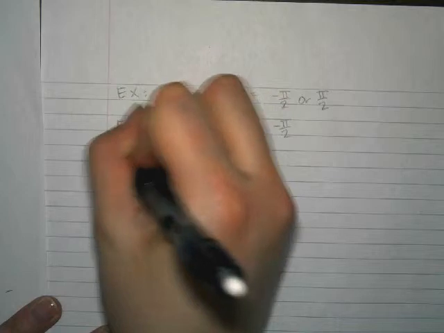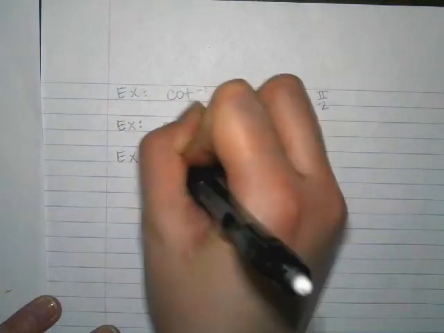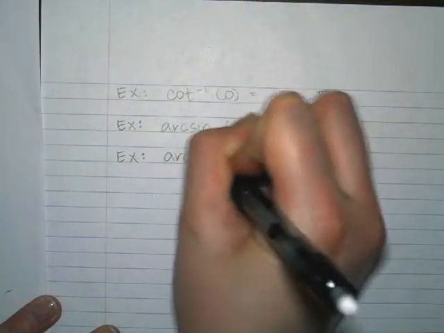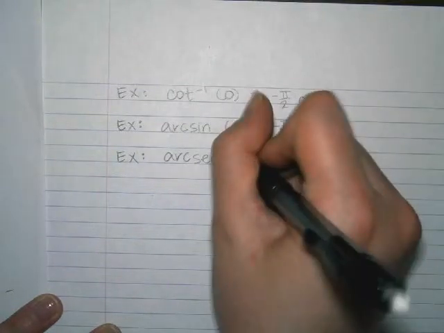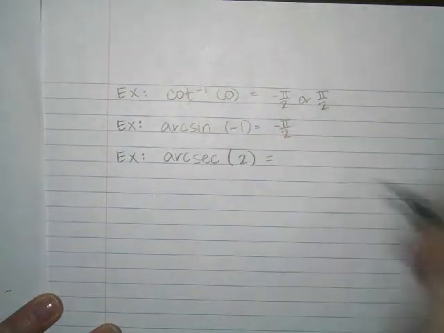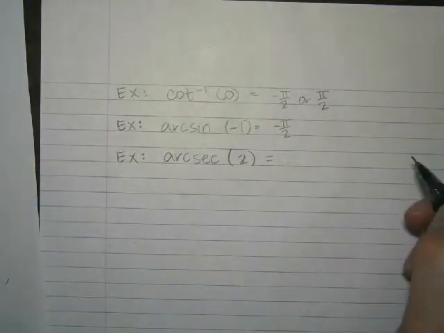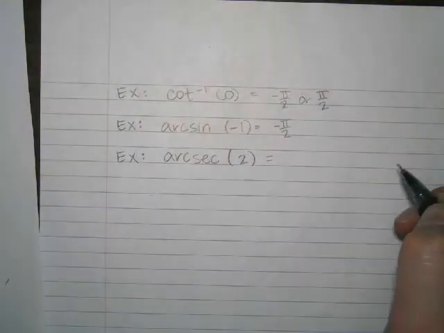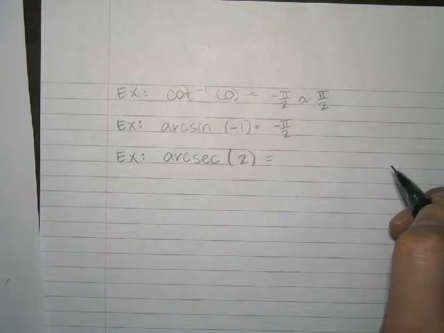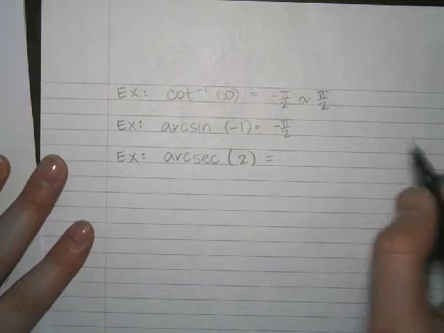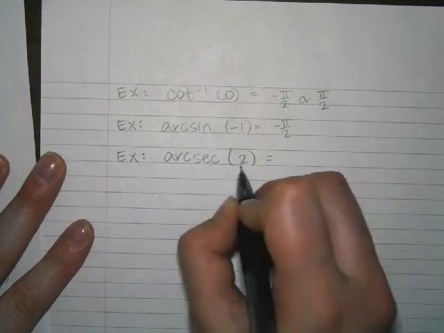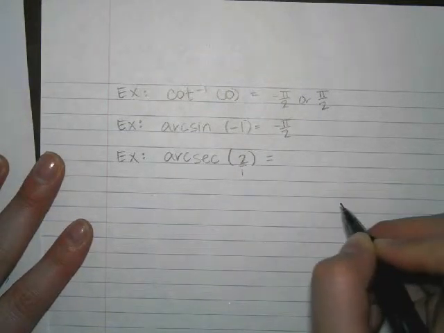So let's do arc secant, and this time we'll do 2. Arc secant of 2. That would be the inverse of cos, right? We could switch it to that. So I'm going to think of this as 2 over 1.